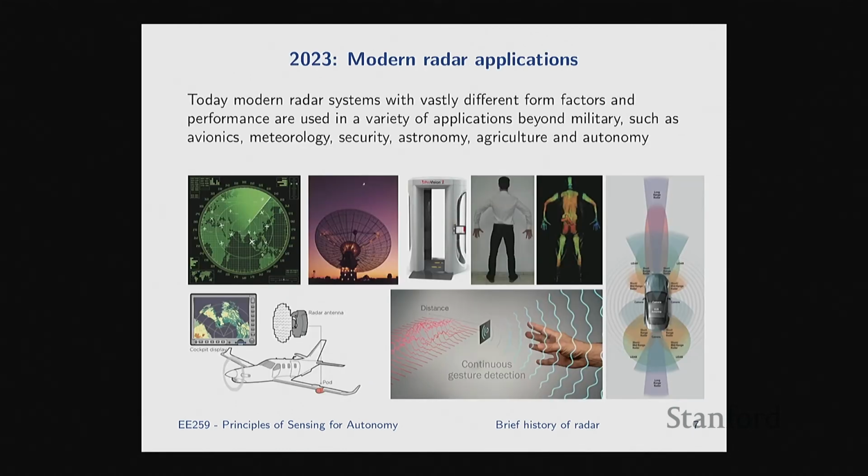Today, it's everywhere. I mean, from astronomy to medical applications to robotics to aviation, even as you go through airport security, those fun little things which have you do this and then it rotates around you. There's actually a big radar antenna array in them. It doesn't show the actual output, but these things have extremely high resolution.